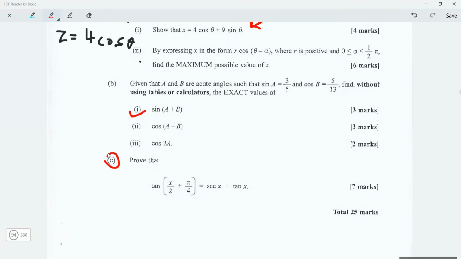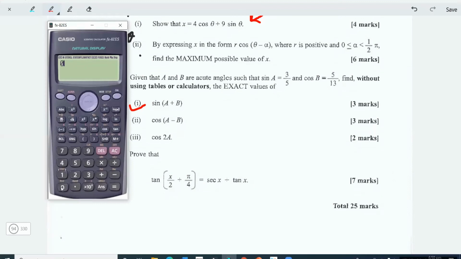Now, guys, you see this question right here? CAPE said 0.2% of the Caribbean got this right. Meaning if 100,000 people do the CAPE exam, let me show you 0.2.